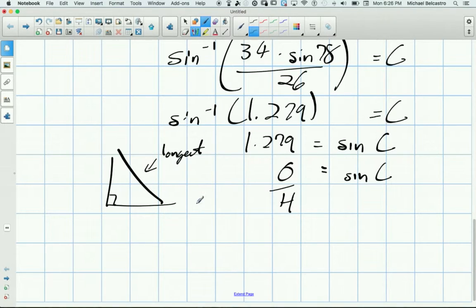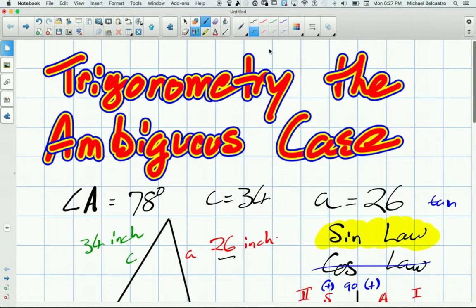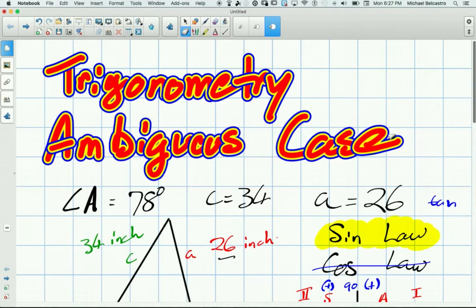And if it's the longest side, that means we have the bigger number on the bottom. So it has to be a decimal. It has to be less than 1. So because of this, this is actually an impossible triangle. So I should really have renamed this. This is trigonometry and impossible triangles. Let's change this name here.